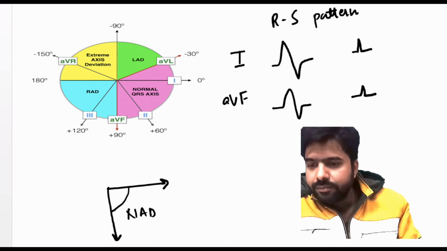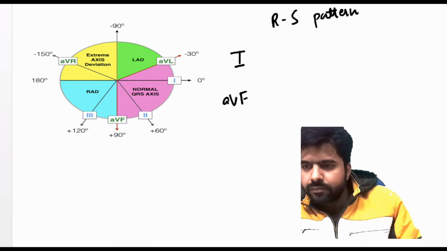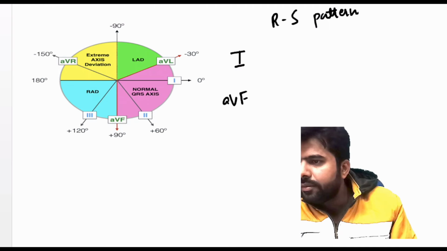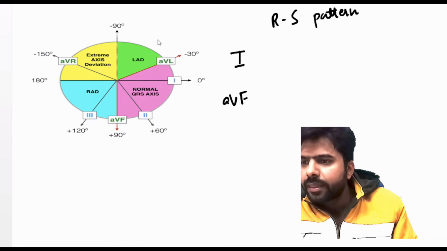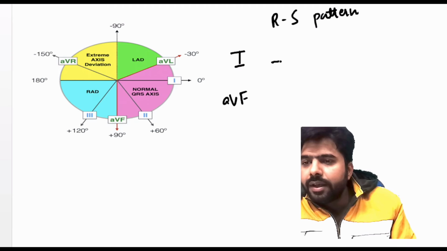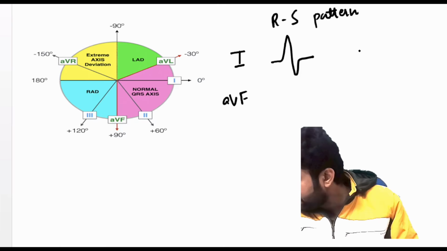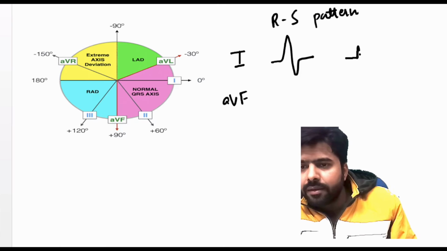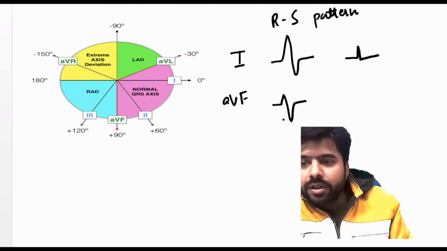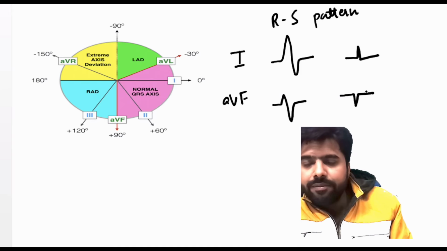Similarly, now there is another example of R minus S. In this lead 1, the R is greater than S, so it is a positive lead, whereas in AVF the R is smaller than the S wave, therefore it shows a negative deflection.